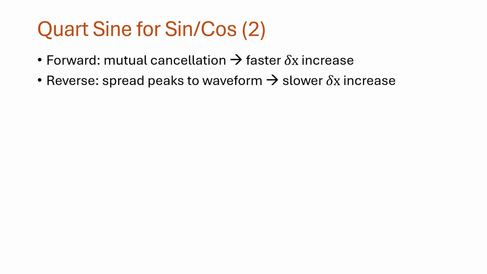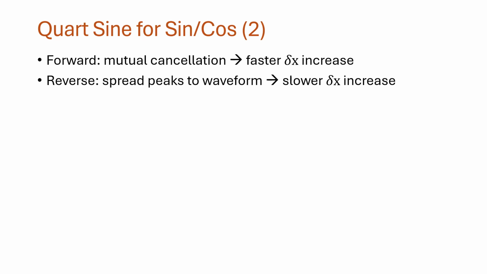So the mutual cancellation guarantees that the uncertainty increases faster. In the reverse transformation, we have to spread the peaks to a whole waveform, so that the change of uncertainty is a slower increase.